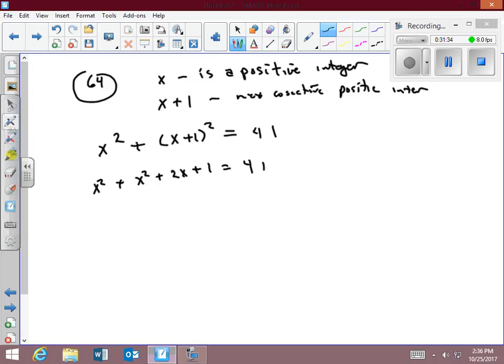Then you're going to do what? 2x squared, going to get 0 by itself, combine like terms, plus 2x, move the 41 over as a negative, minus 40, right? You just subtracted the 1.